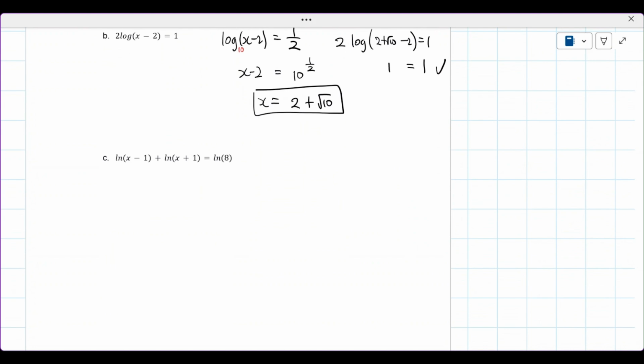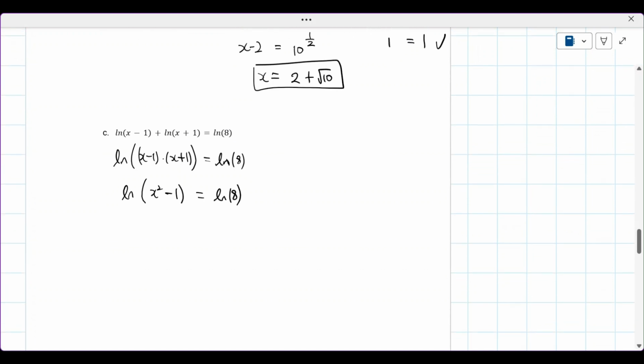And because we're doing a sum of two logs with the same base, we're going to use the product law, which looks like ln of x minus 1 times x plus 1 equals ln of 8. So that's going to be ln of x squared minus 1 equals ln of 8. Hopefully you remember the difference of squares formula.